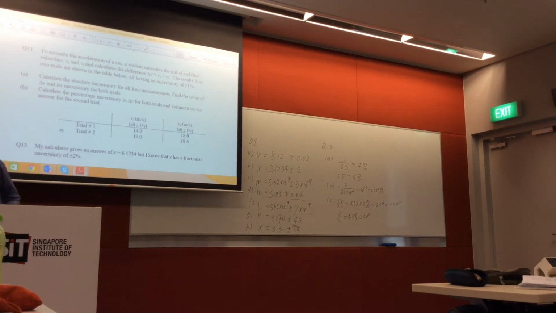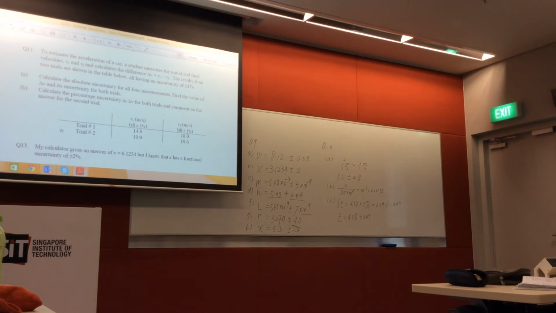Okay, question 11 basically, you need to estimate the acceleration of a car. So the student measures two velocities, one is the initial velocity, one is the final velocity, and calculates the difference delta V. So the two measurement results, VI and VF, have uncertainties of 1%.